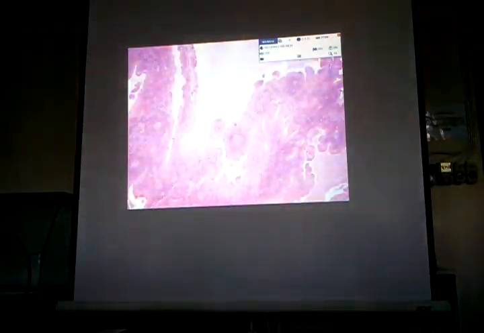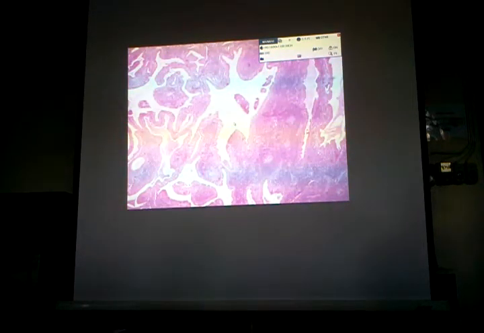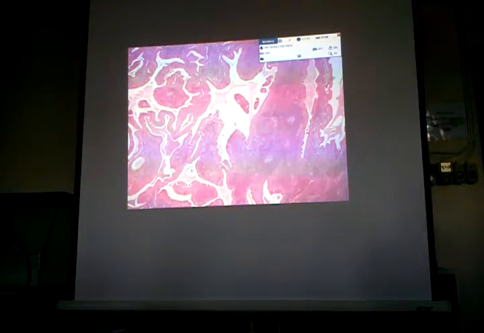And then within the tumor also, we are able to see small cystic spaces. There are cystic spaces, and then the lymphoid and epithelial components sometimes form finger-like projections.